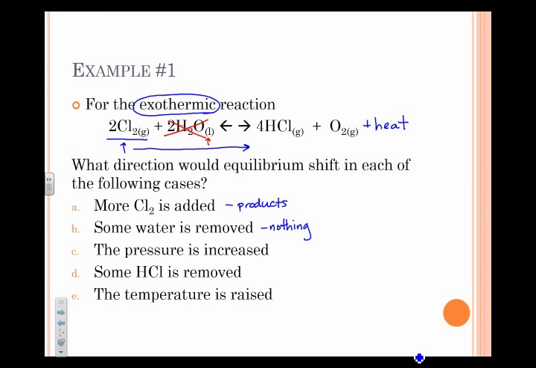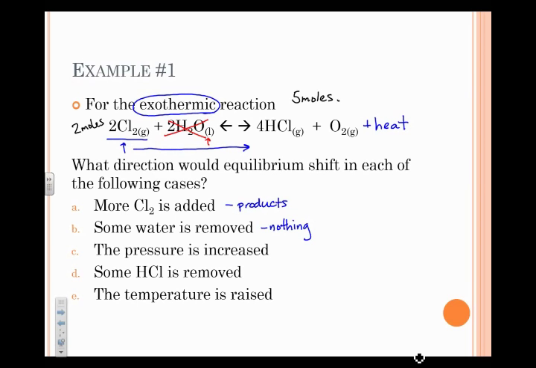If I increase the pressure, I have to check my moles of gas in the reactants and the products, because you can think about increasing the pressure as squeezing down on your system, and equilibrium is going to shift to the side with fewer moles of gas, so fewer moles of things that take up space. I see that in this particular reaction, I have 5 moles of gas in the products, and I have 2 moles of gas in the reactants.